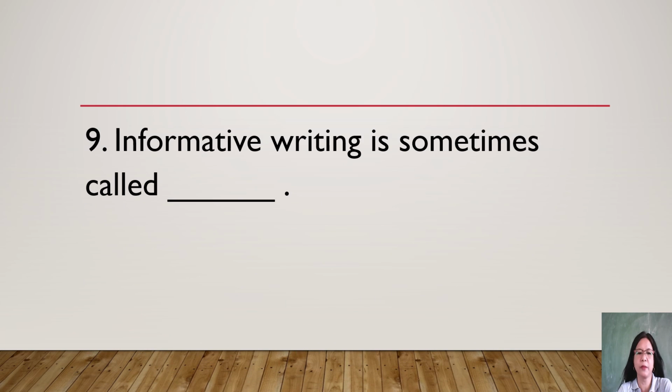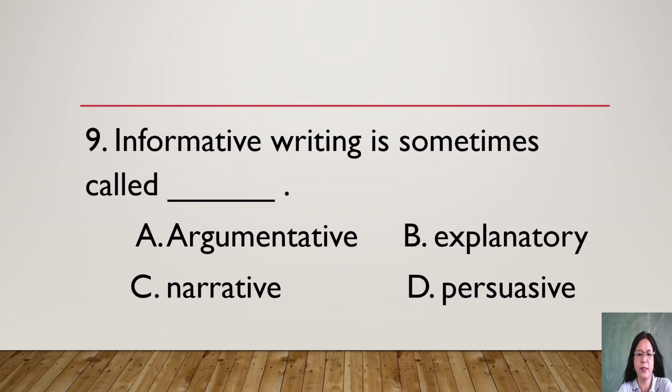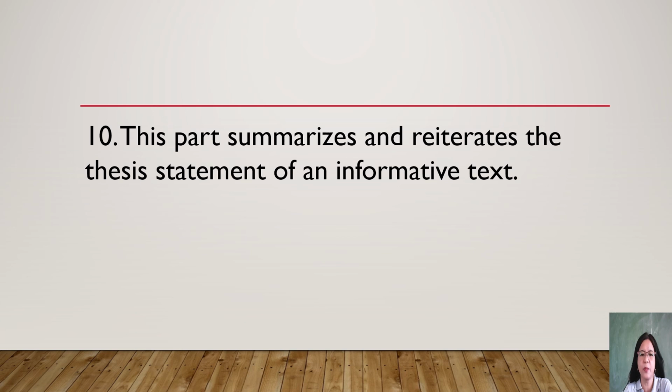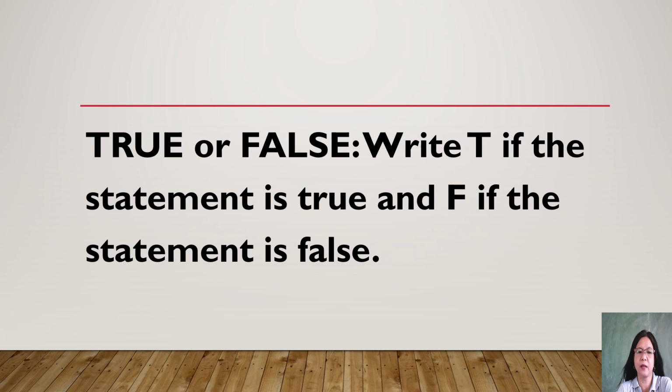Informative writing is sometimes called blank. A. Argumentative. B. Explanatory. C. Narrative. D. Persuasive. Number 10. This part summarizes and reiterates the thesis statement of an informative text. A. Body. B. Conclusion. C. Introduction. D. Thesis statement.